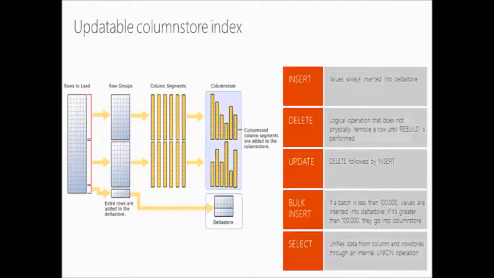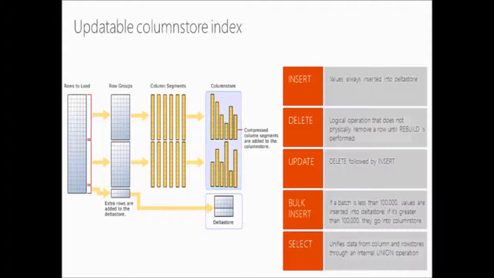And when you have additional rows inserted or added to your system, they are stored in a data store. The data store is traditional row-based data storage, and when you query data, both the column store data on the storage side and the data store combine together and are returned as the query result.